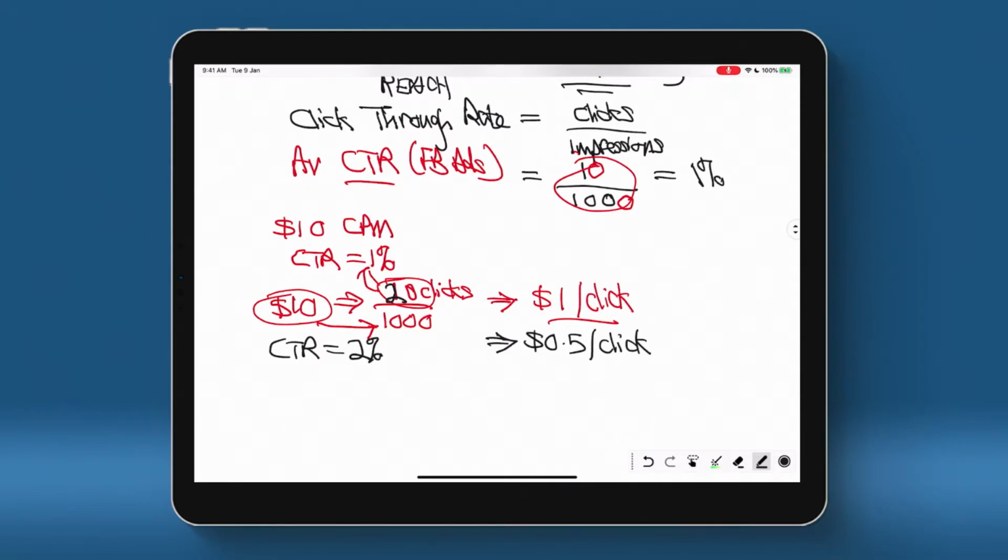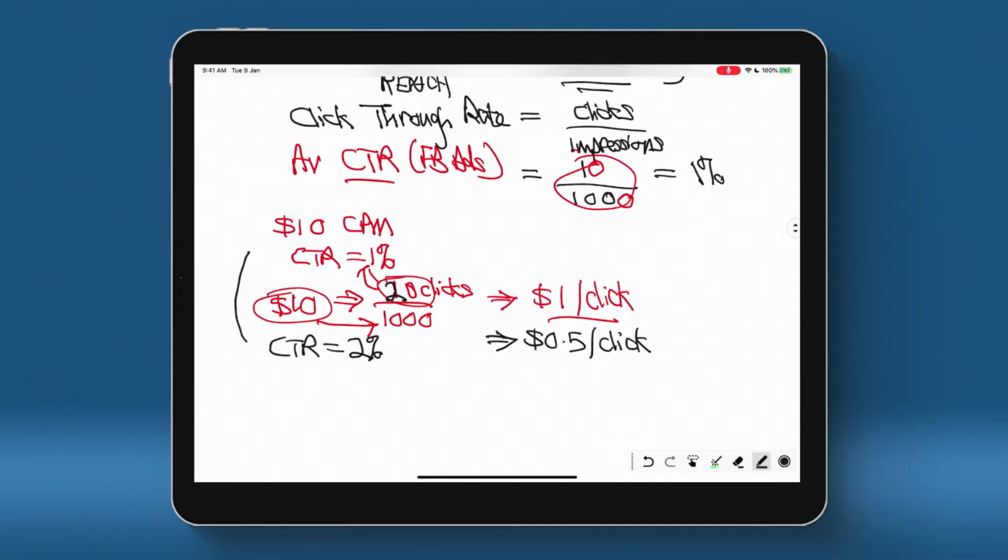And now we have the answer we need. A doubling of CTR from 1 to 2 will lead to what? Will help reduce cost per click by, instead of paying $1, you're paying 50 cents.